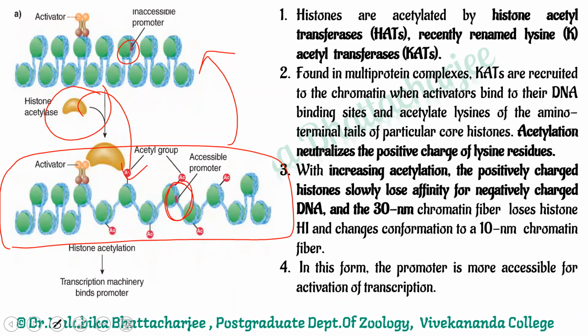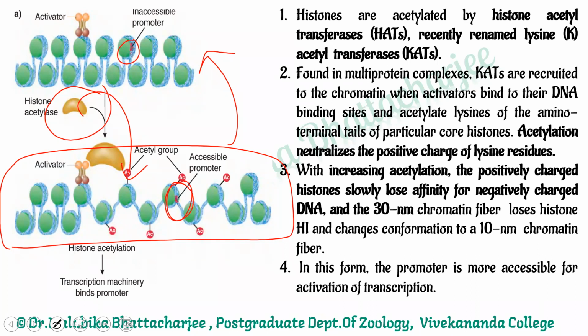It's a reversible process. Acetylated histones can be reverted to deacetylated states. So you can add acetyl groups by a set of enzymes, and you can remove acetyl groups by another set of enzymes.